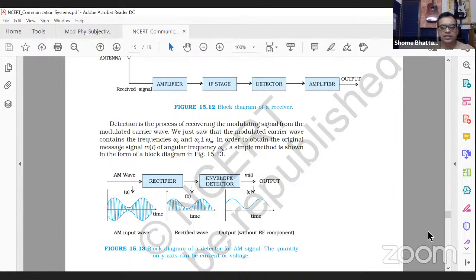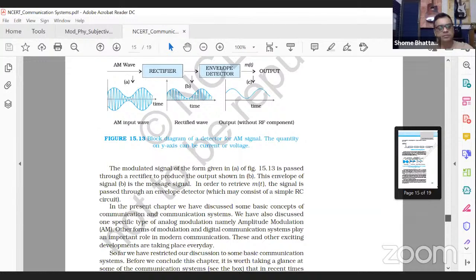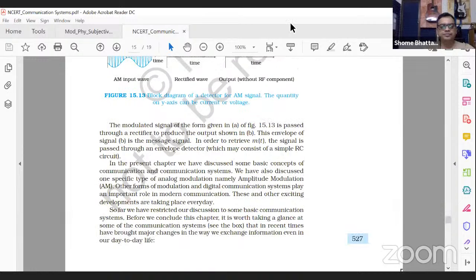But anyhow, give this a reading. So this is all about your communication systems. Okay, so if you just keep in mind the few things that we've discussed, the three parts of the system, the transmitter, the transmission channel, and the receiver, and the process of modulation.